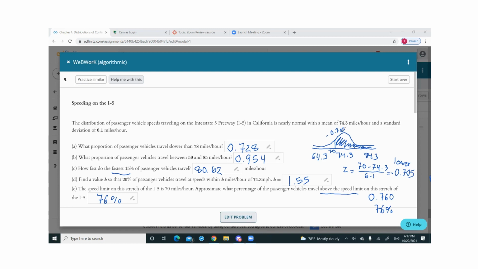Oh, this one is wrong. It's wrong? Maybe I did something wrong on my part. Do you want to tell me your numbers and we can try to figure it out?